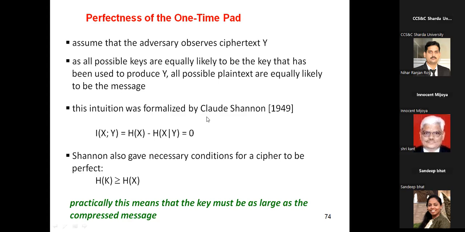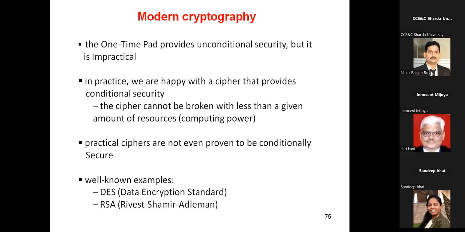This intuition was formalized by Claude Shannon. Practically this means the key must be as large as the compressed message, and it is a difficult phenomenon, how to create and send it. The one-time pad provides unconditional security, but it is impractical.